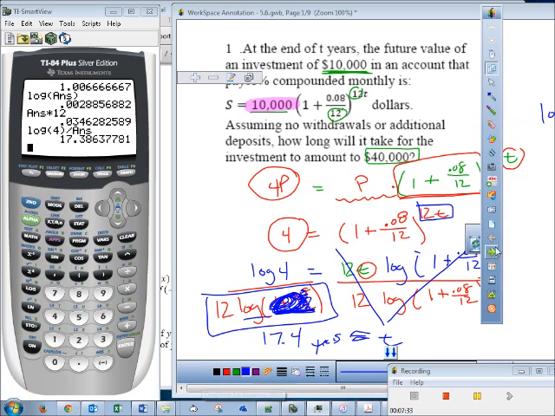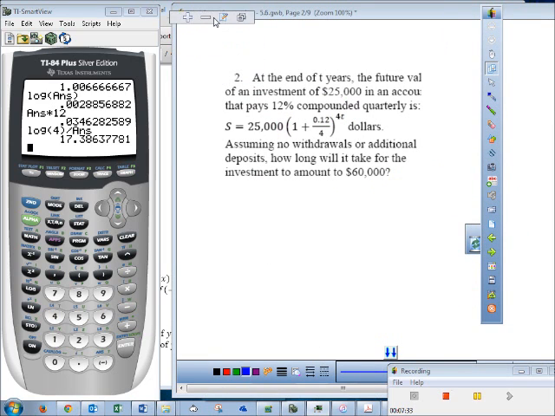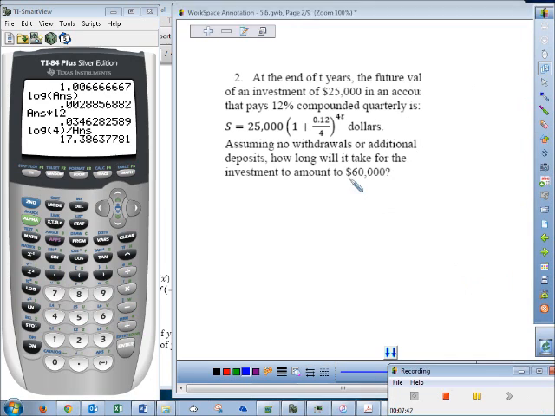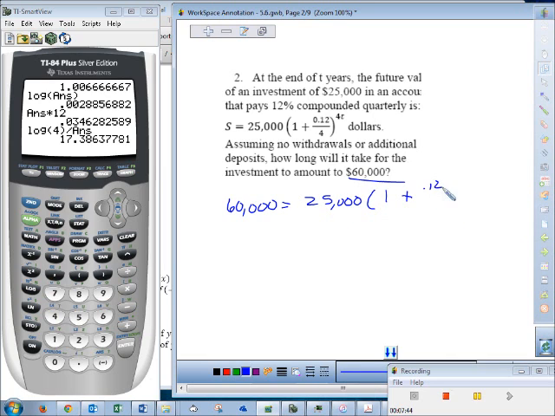Let's try another one. Read it. So they want the amount to be 60,000. That goes in for S. We started with 25,000, and that's what we got.